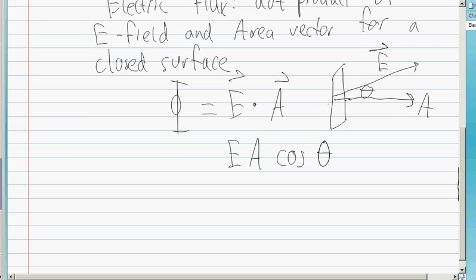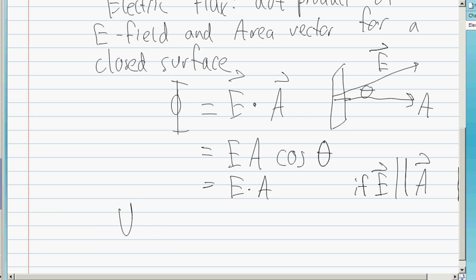So it won't be measured from the surface itself, it'll be measured from a line perpendicular to that surface. And if E, the electric field, is parallel to A, then it will just be E times A. The flux will just be E times A, just EA, I guess. I don't need the dot, do I?